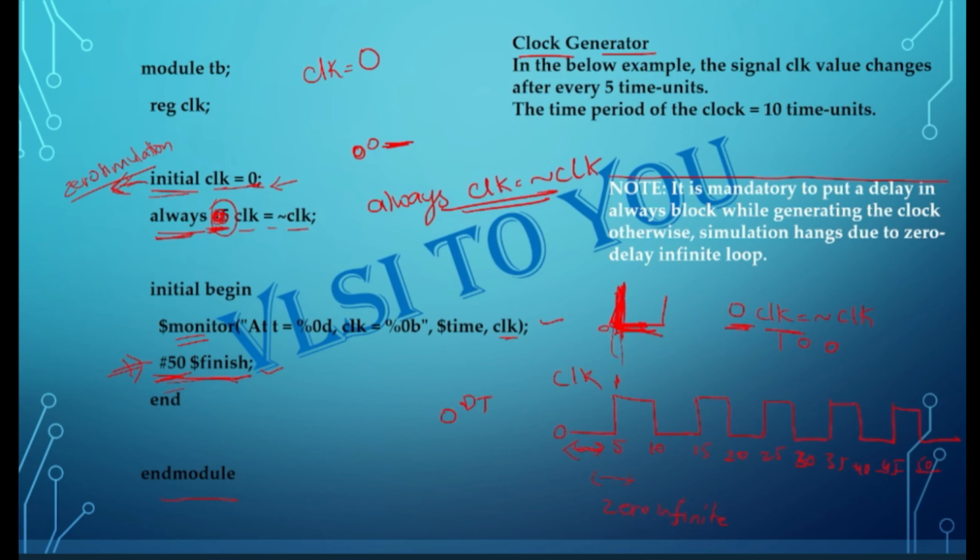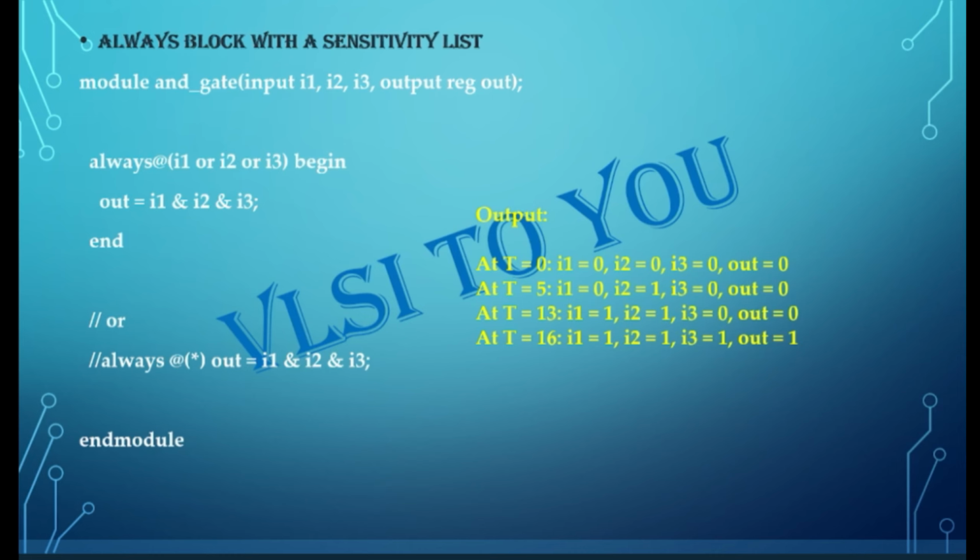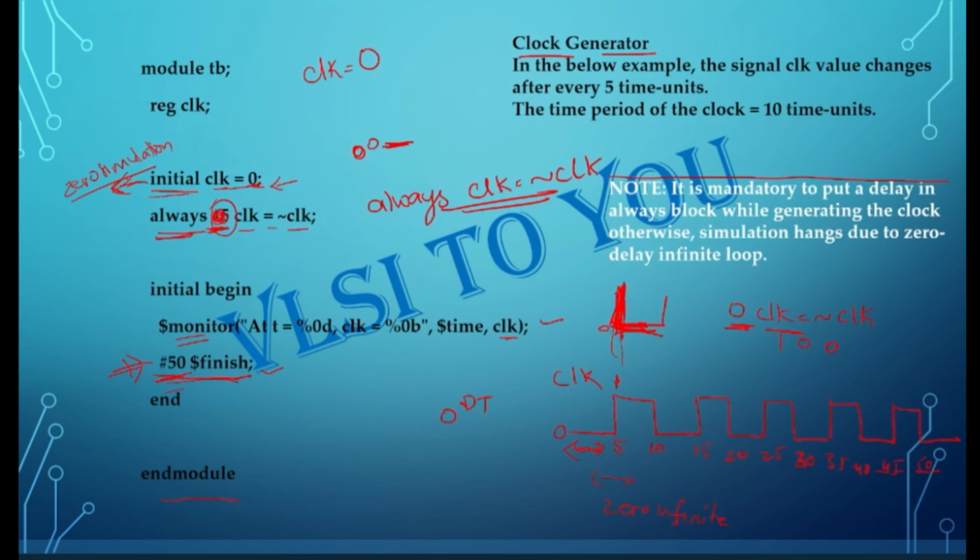That is the reason why you go for delays in the always block. So this is about the delay in the always block, the sensitivity list and the delays.